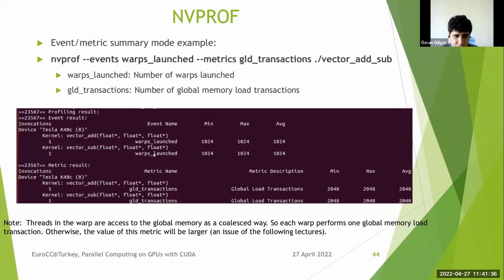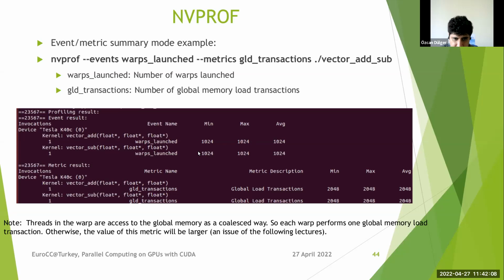Since our data size is 2^15, and the number of threads in the block is 1024, and since a warp consists of 32 threads and we have 2^15 threads in total, there are 1024 warps that run on the hardware.